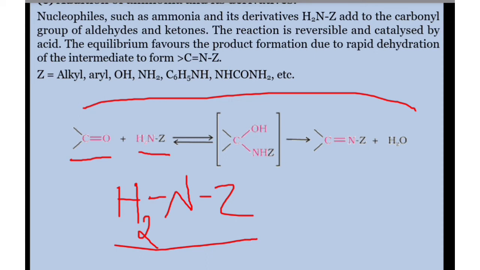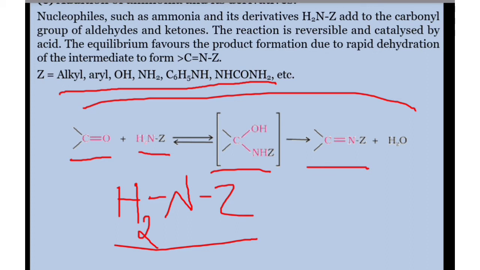What you basically have here is two hydrogen atoms, then a nitrogen atom, and also Z. This Z can be any of these groups listed here. If we put hydrogen where there's Z, it means that we want to have ammonia, and ammonia is going to react with this carbonyl group to produce this intermediate, and finally this is going to be our product.